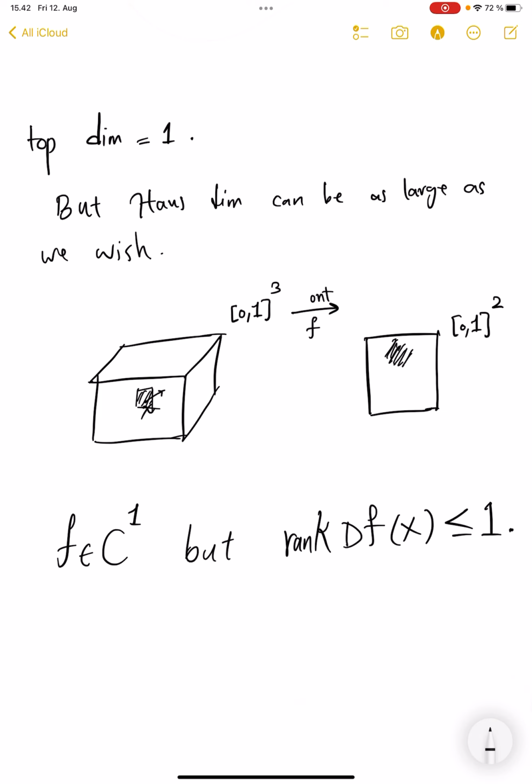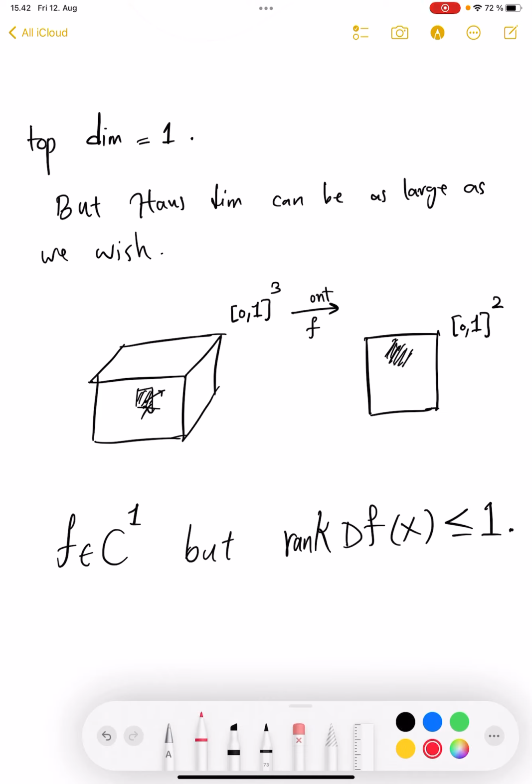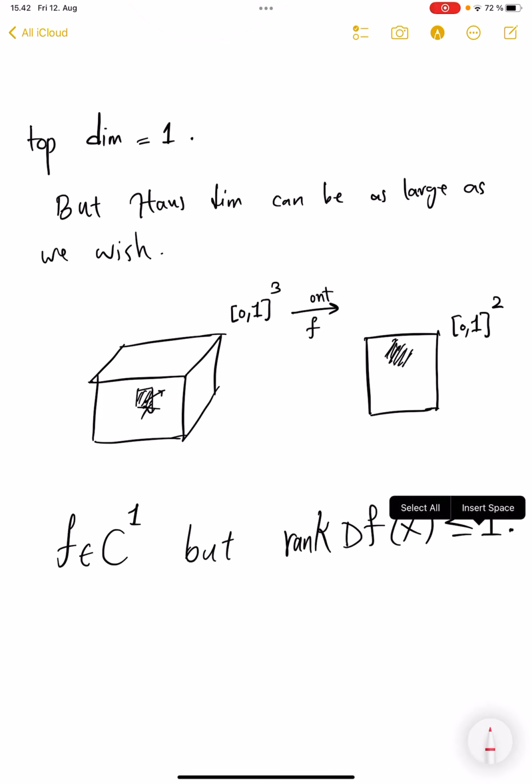This example was constructed using trees because trees are basically one-dimensional, and that direction in which the map does not vanish is when you have branchings of your tree.